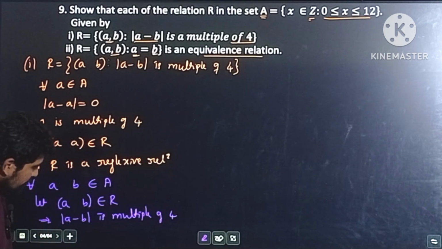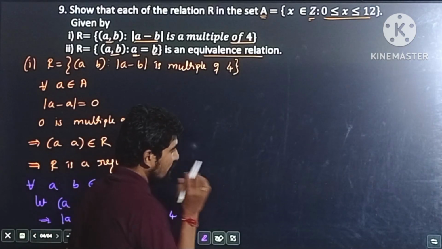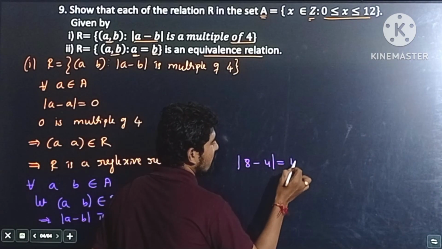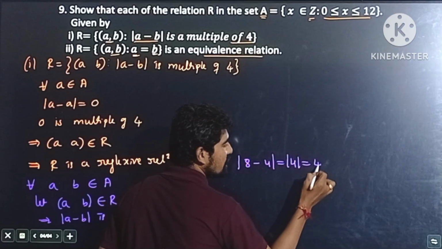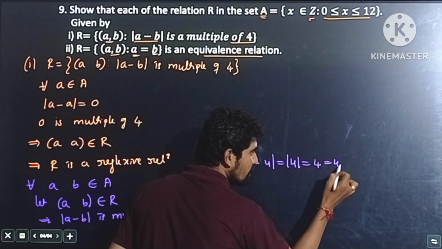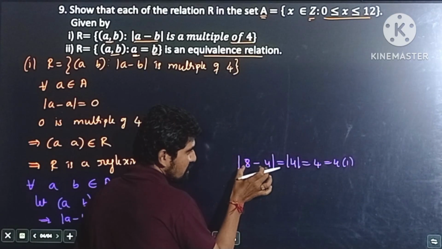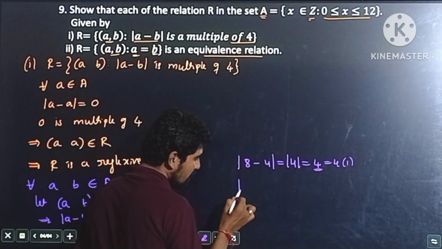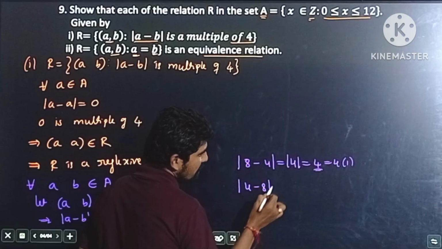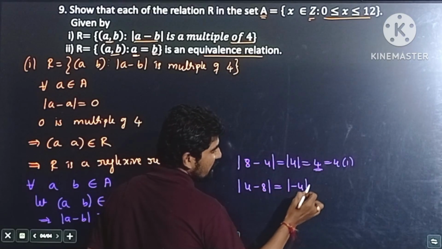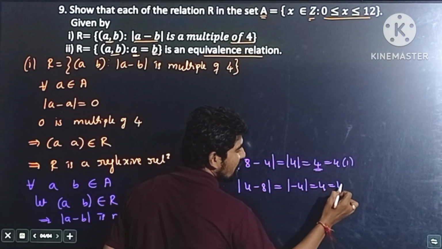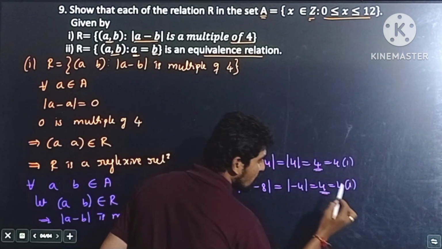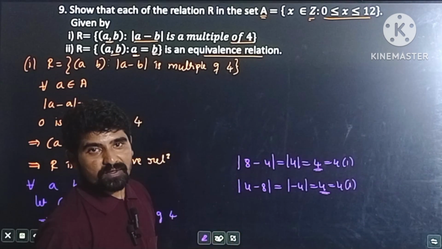Observe here, modulus of 8 minus 4 is equal to modulus of 4, which is equal to 4. So 4 can be written as 4 into 1, so modulus of 8 minus 4 is a multiple of 4. Consider the reverse order, modulus of 4 minus 8, which is equal to modulus of minus 4, which is equal to 4. So 4 can be written as 4 into 1, so modulus of 4 minus 8 is also a multiple of 4.